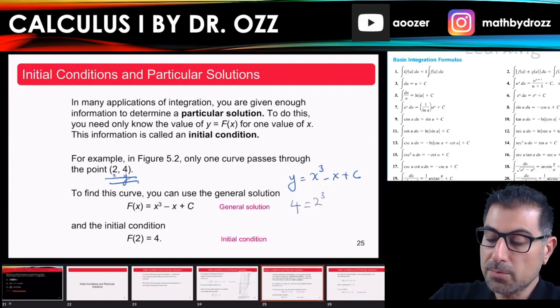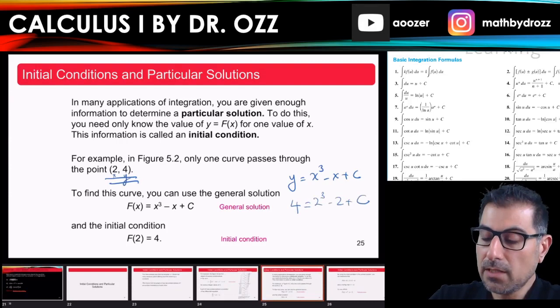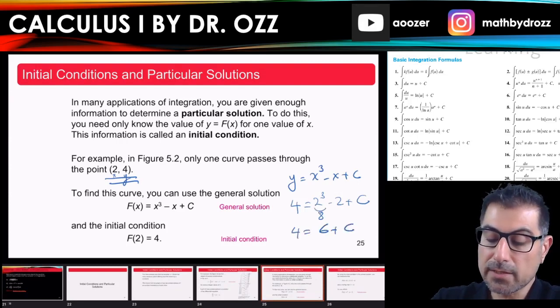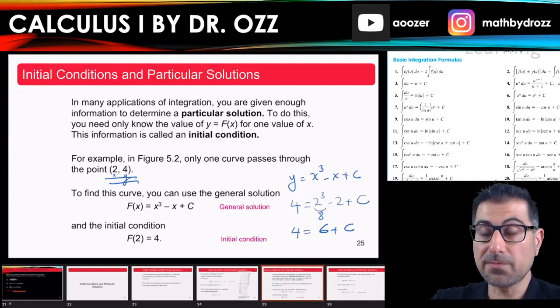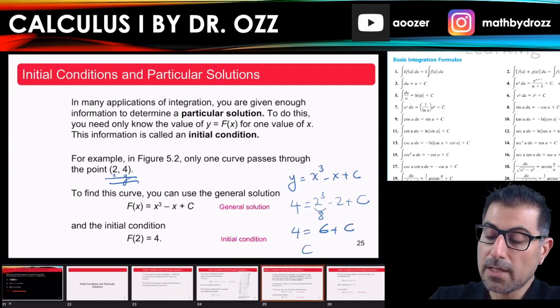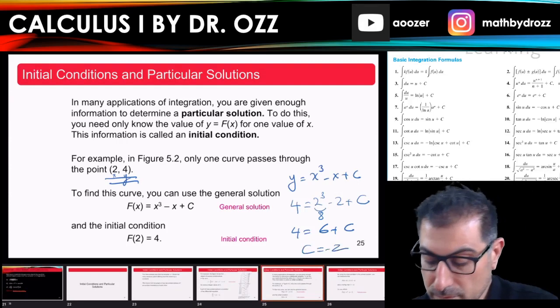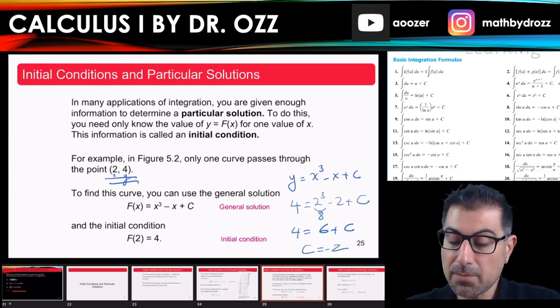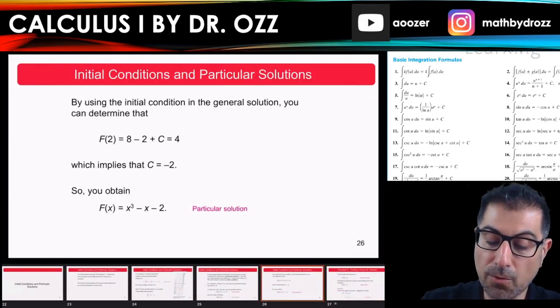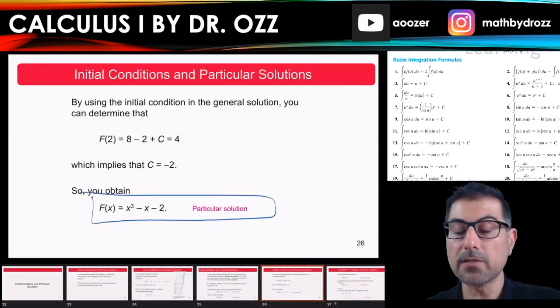So 2 cubed minus 2 plus c, so this is 8. 8 minus 2 is 6, so 4 equals 6 plus c, and subtracting 6 from both sides takes you to c equals -2. So if you determine c, that means you determine the form of the particular solution.